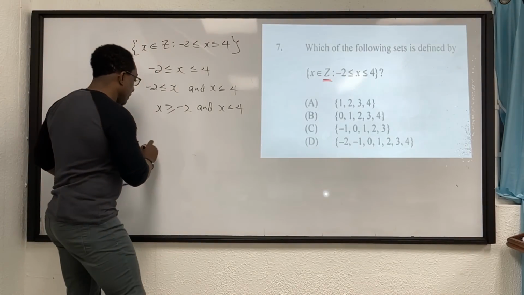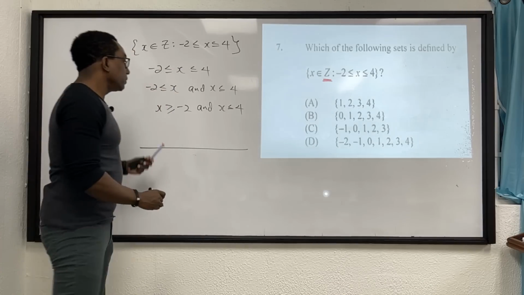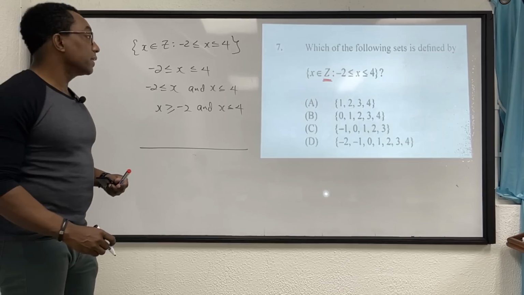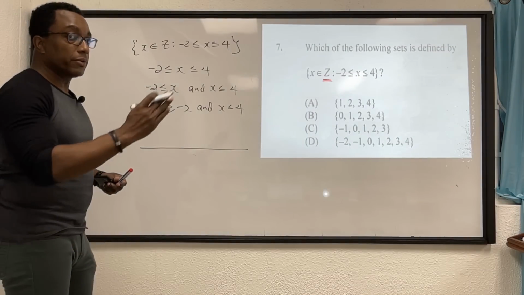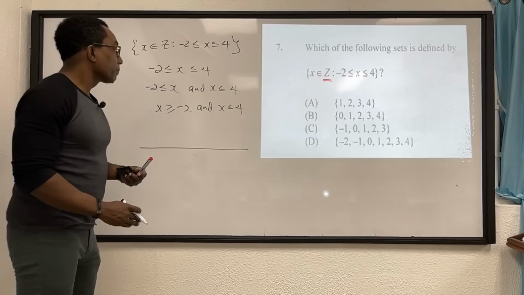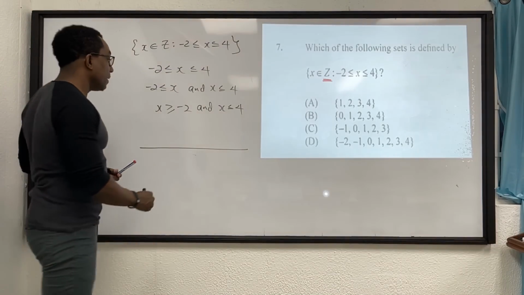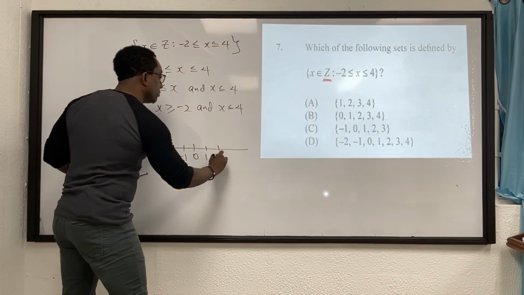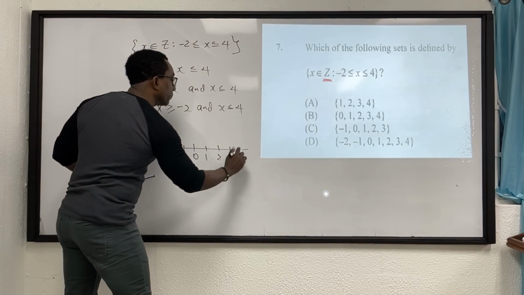So on a number line, let's show x greater than or equal to negative 2 and x less than or equal to 4, and let's see what the range of numbers will fall within the given inequality. So we have here 0, negative 1, negative 2, we have 1, 2, 3, and 4.